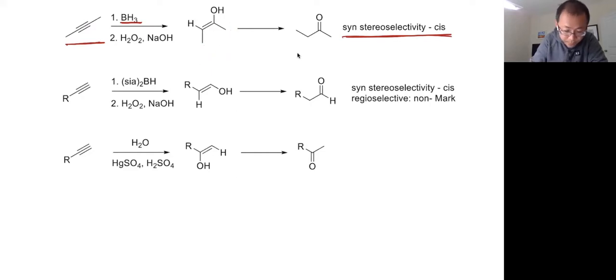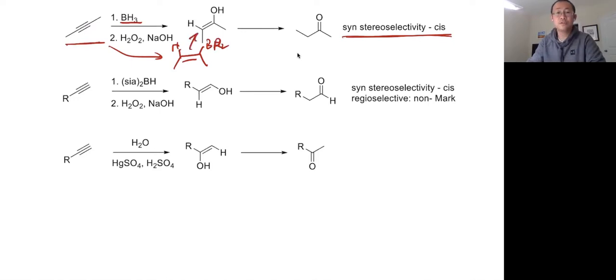Initially, you got this. And then treating with hydrogen peroxide, you convert the B to OH. After that, you see that this structure is called an enol. It will tautomerize to a ketone. Of course, the equilibrium favors the right.